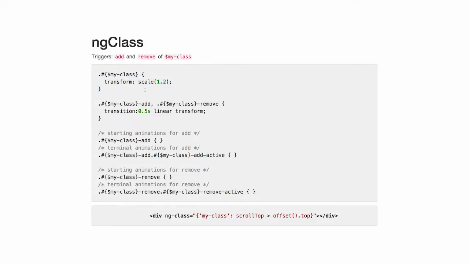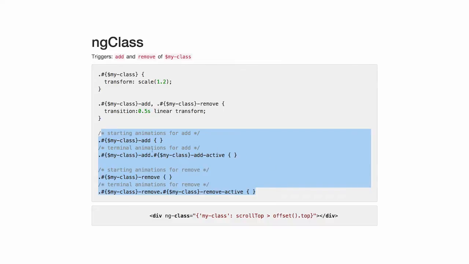In your class you just want to scale it up by 1.2. You declare the transition on the add and remove. And in this case, I didn't even have a target because when you add the class, I wanted to have the value of the class and remove it. So you can do it really simply.